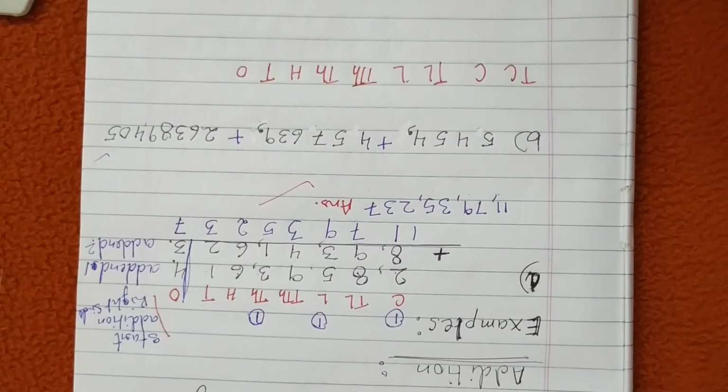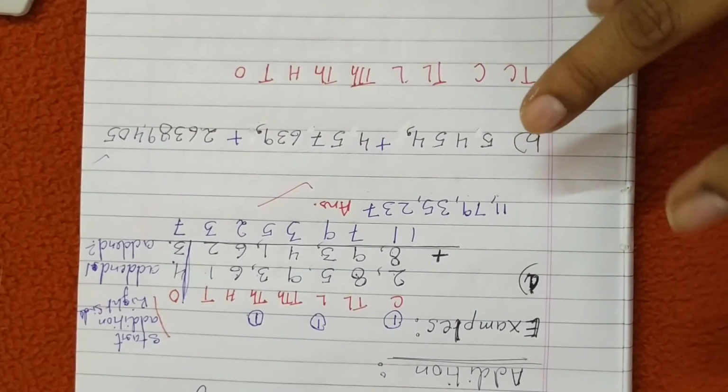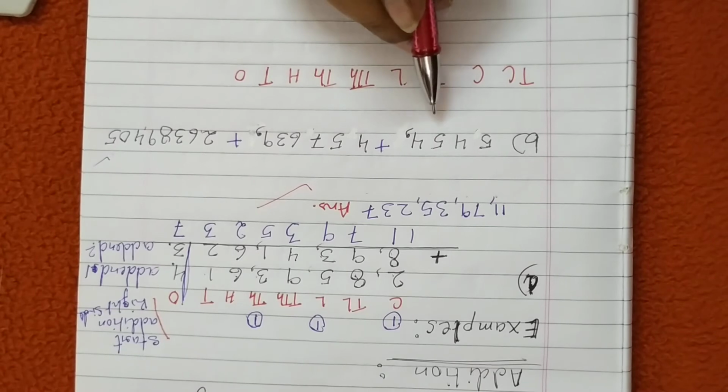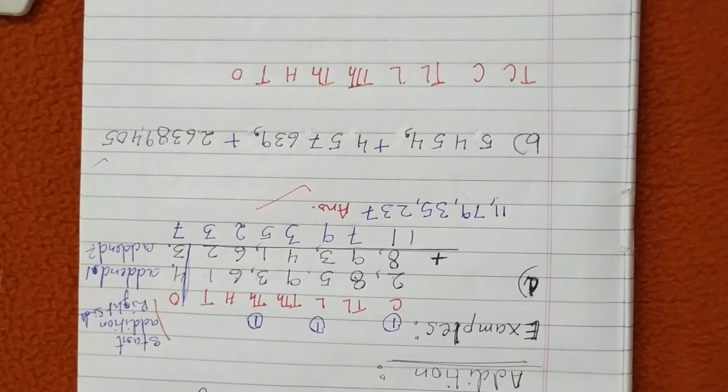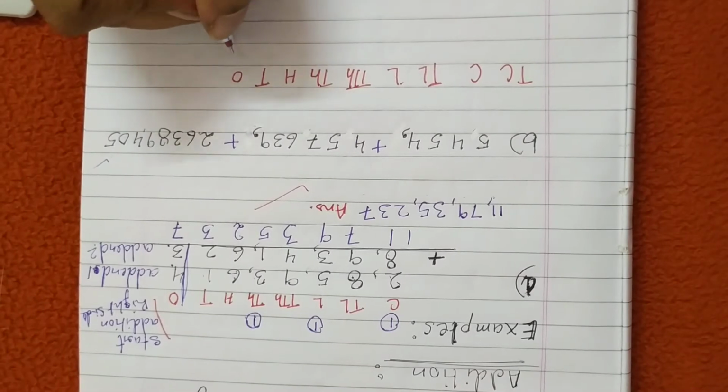Is it clear? Now see the first addend. What is our first addend? 5,454. Please place it. Always start placing from the right hand side, that is from the ones column.